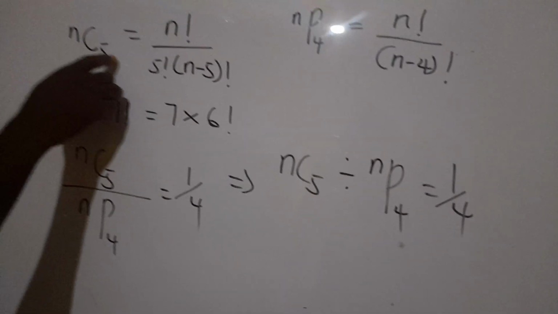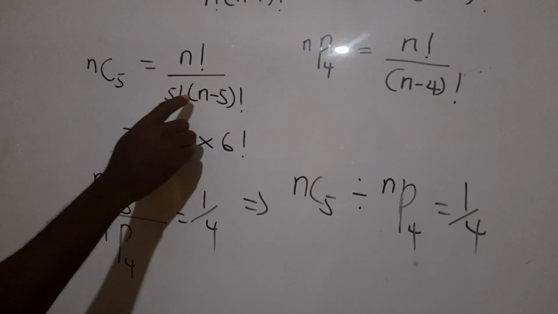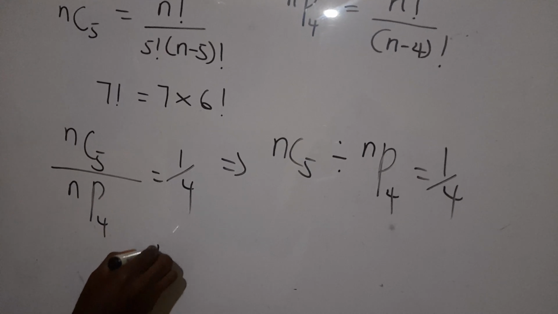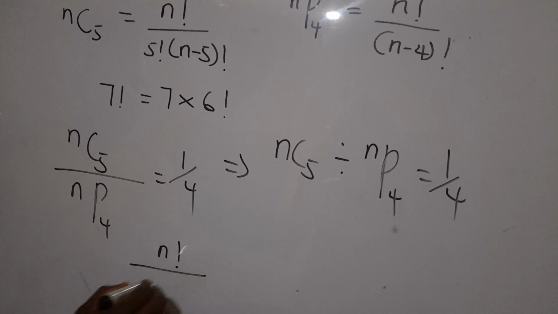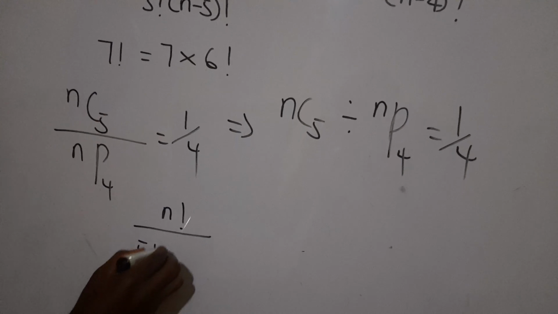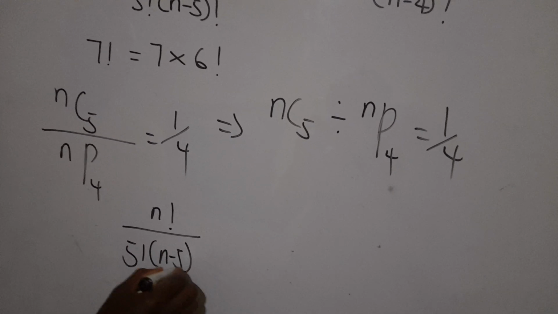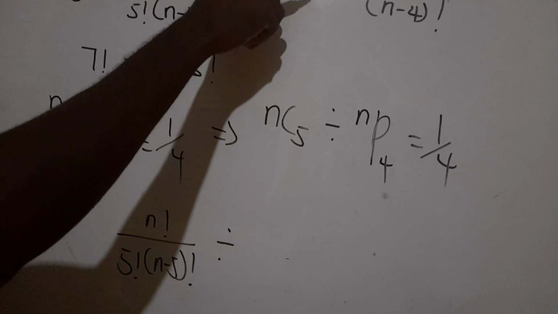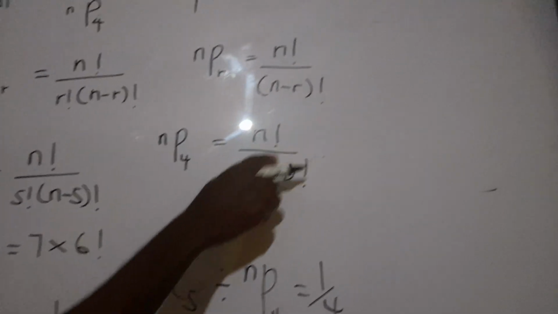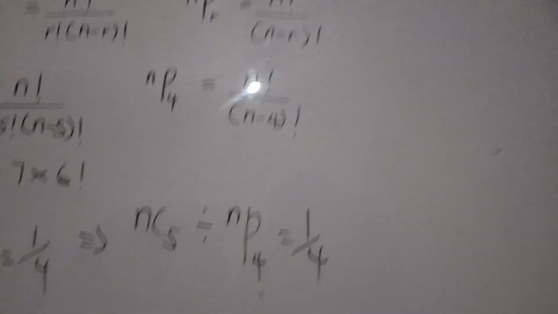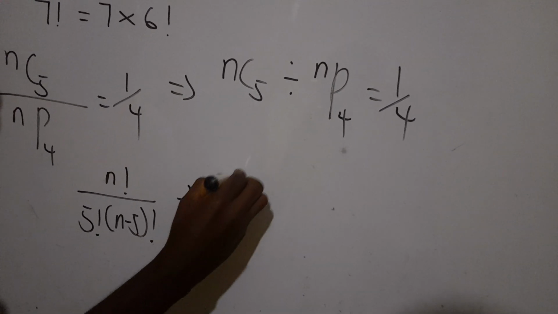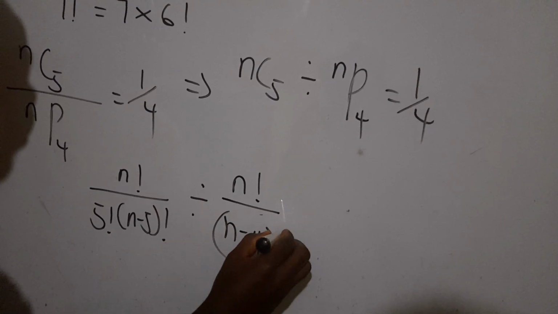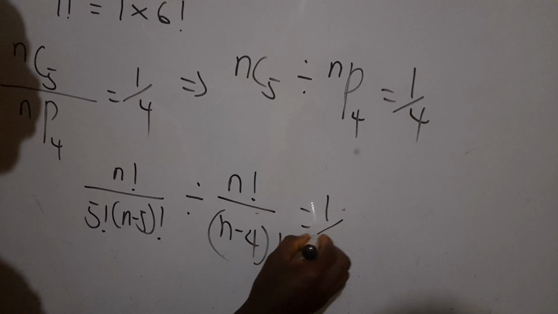Remember, our nC5 is n factorial over 5 factorial times (n minus 5) factorial, divided by our nP4, which is n factorial over (n minus 4) factorial, equal to 1/4.